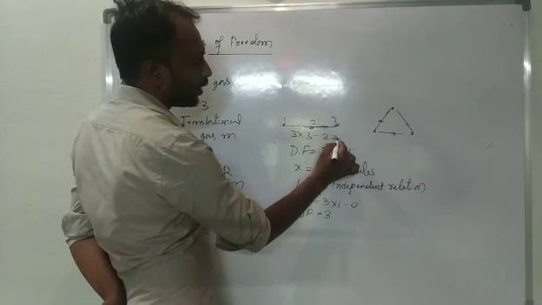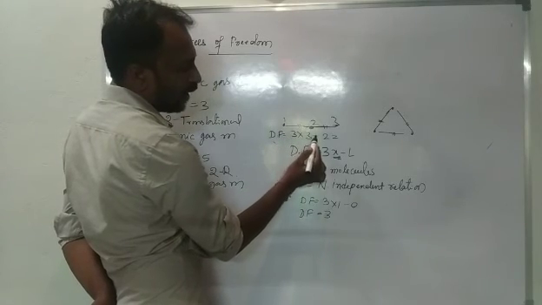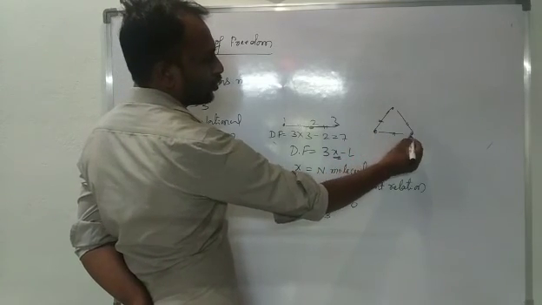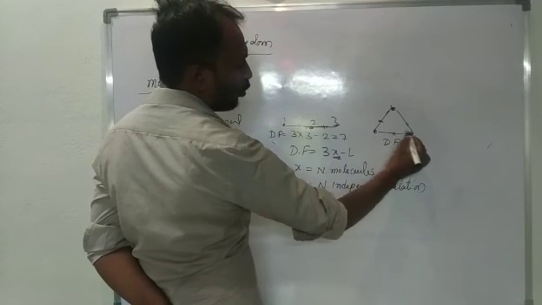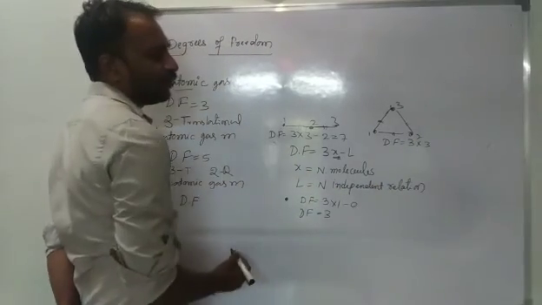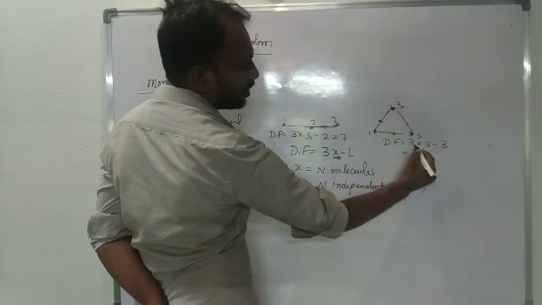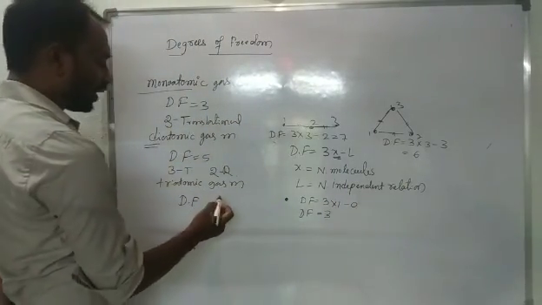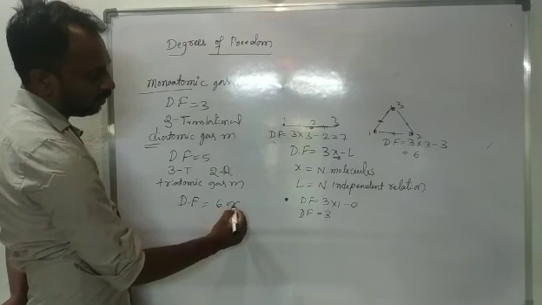So degrees of freedom is 3 into 3, 9, minus 2, which means 7. Otherwise, the number of molecules is 3 and the number of relations is 1, 2, 3, so the number of relations is 3. So 3 into 3, 9, minus 3, is 6. So for the triatomic gas molecule, we consider degrees of freedom as 6 or 7.